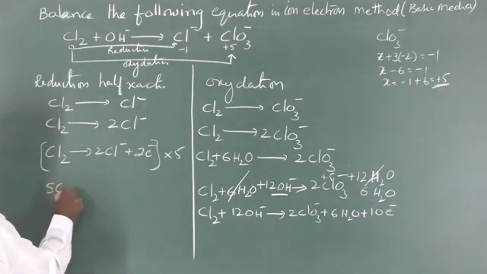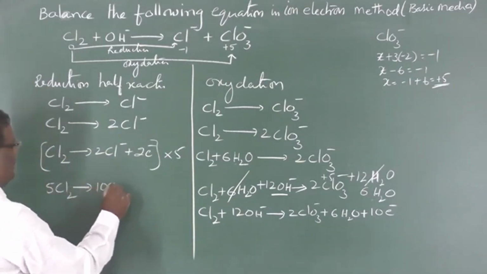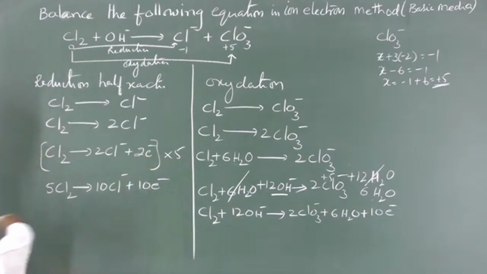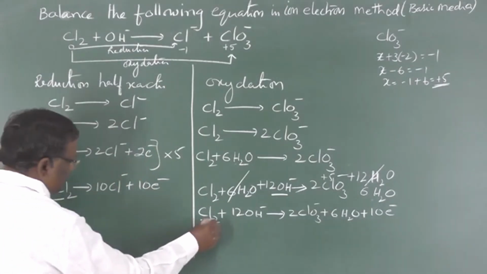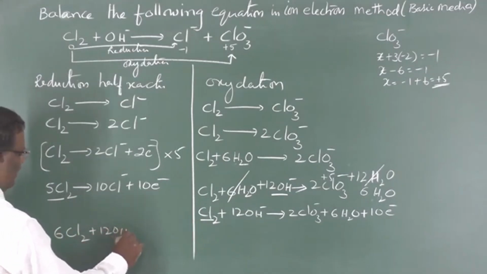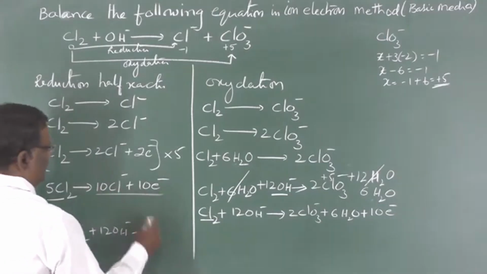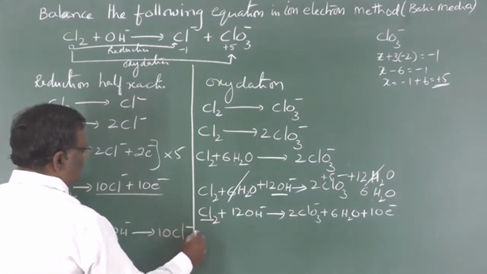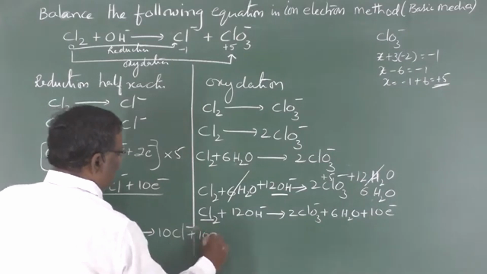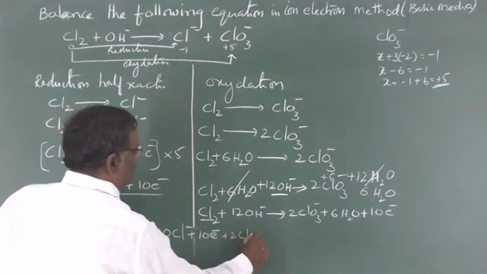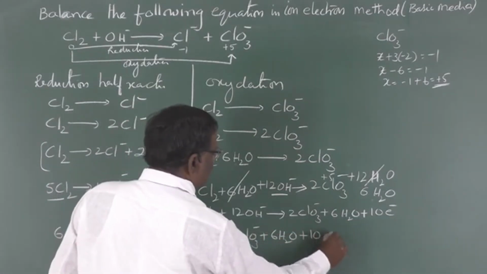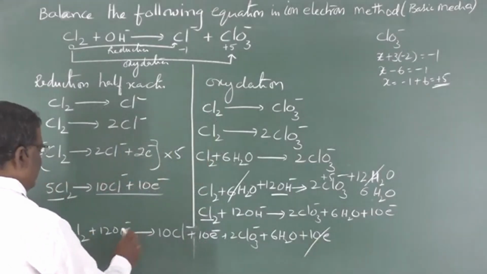Now we have to add 2 equations. 5 Cl2 plus Cl2, that means 6 Cl2 plus 12 OH minus gives, next product side, 10 Cl minus plus 10 e minus plus 2 ClO3 minus plus 6 H2O plus 10 e minus. 10 e minus, 10 e minus will be cancelled.